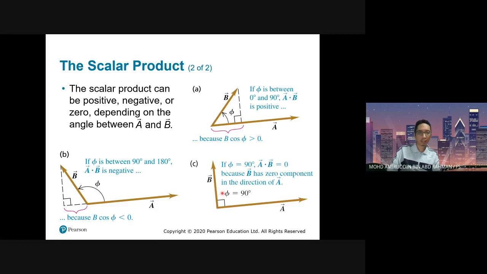And then one more case, if theta is 90 degrees, A dot B will be 0. When phi is 90 degrees, cos phi is 0.